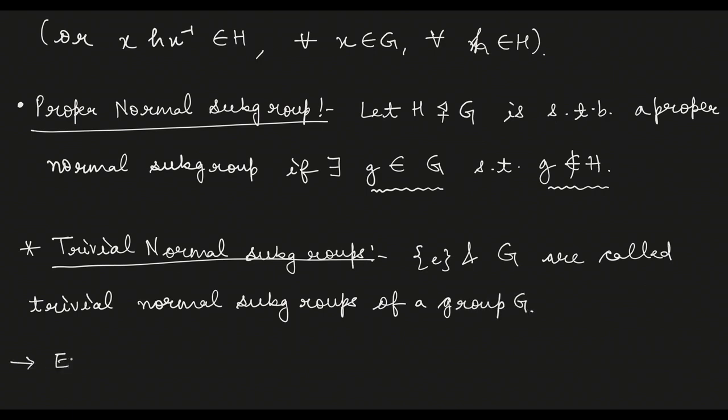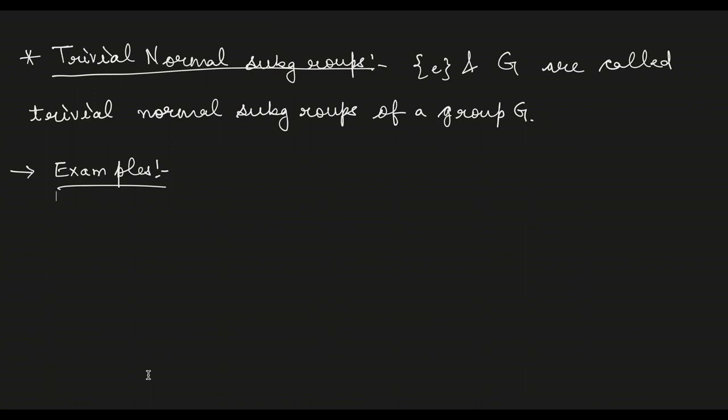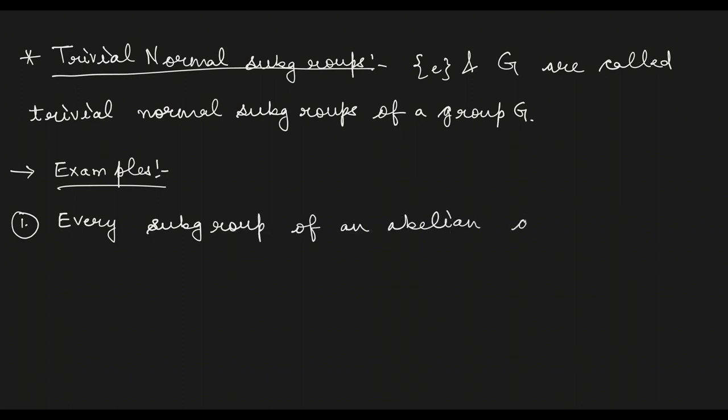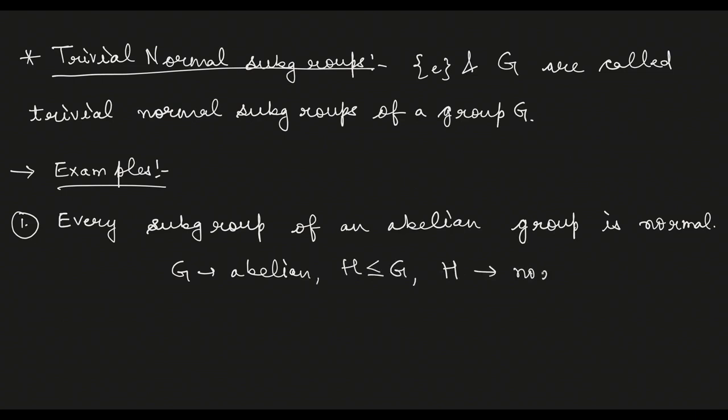Next, examples. First, every subgroup of an abelian group is normal. Means if group G is abelian, H is a subgroup of G, then H is normal.